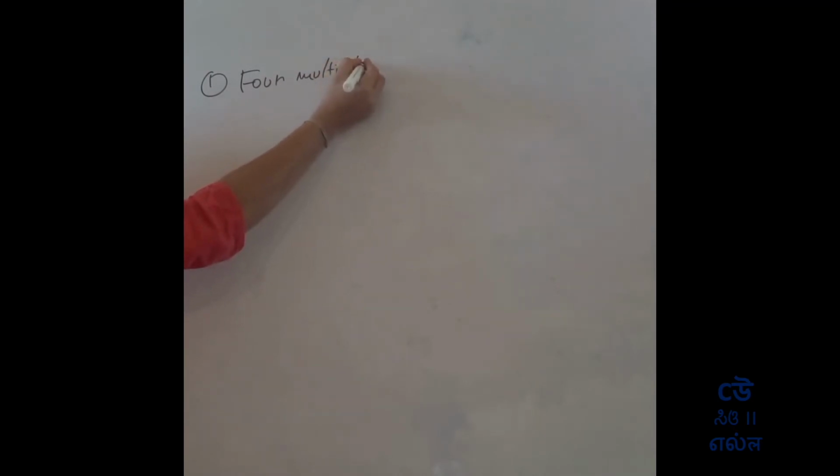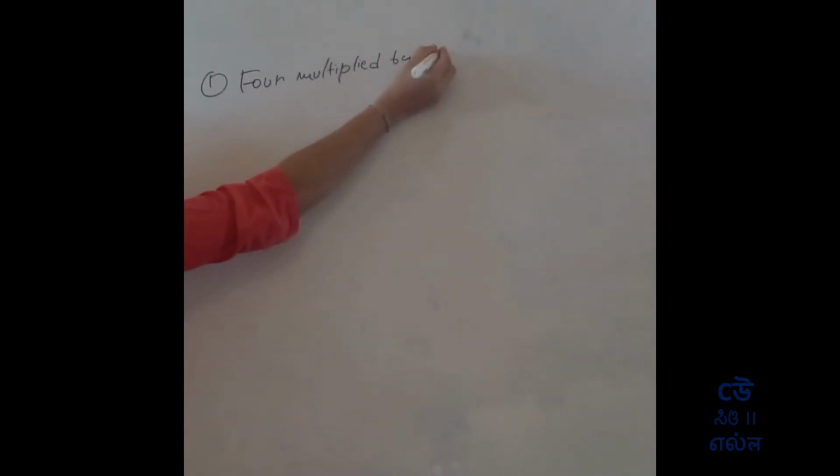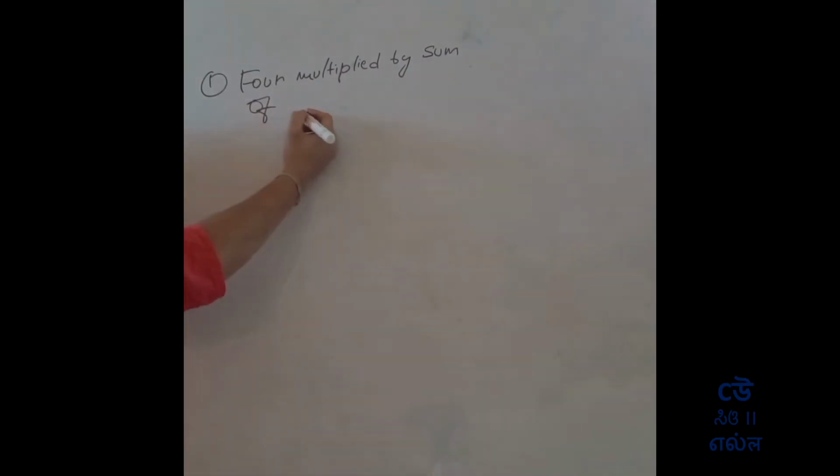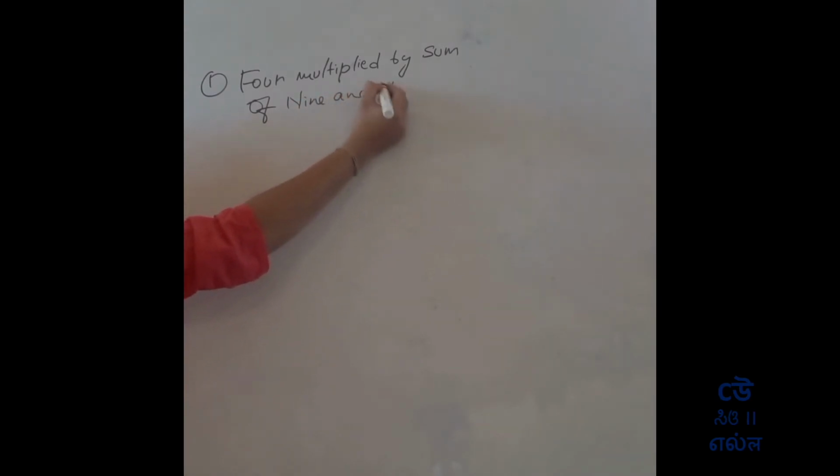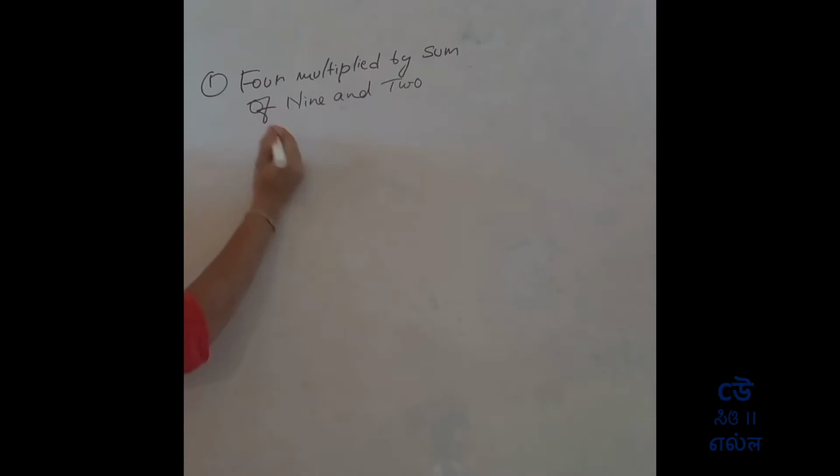4 multiplied by sum of 9 and 2. So 4 multiplication they have given by sum of 9 plus 2, means 9 plus 2 is the sum.